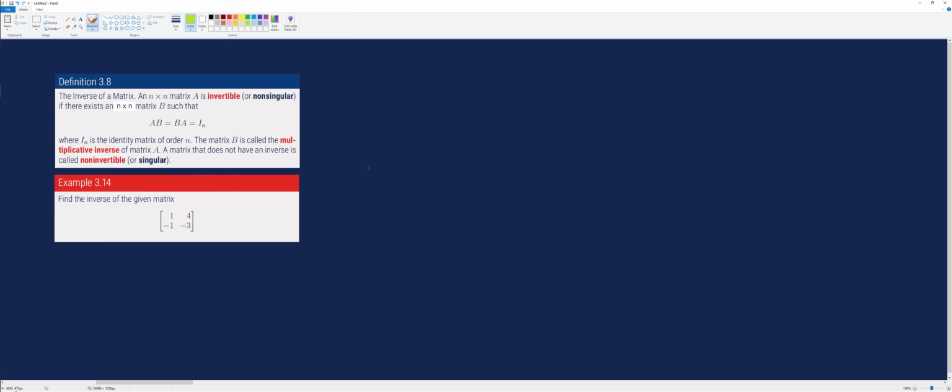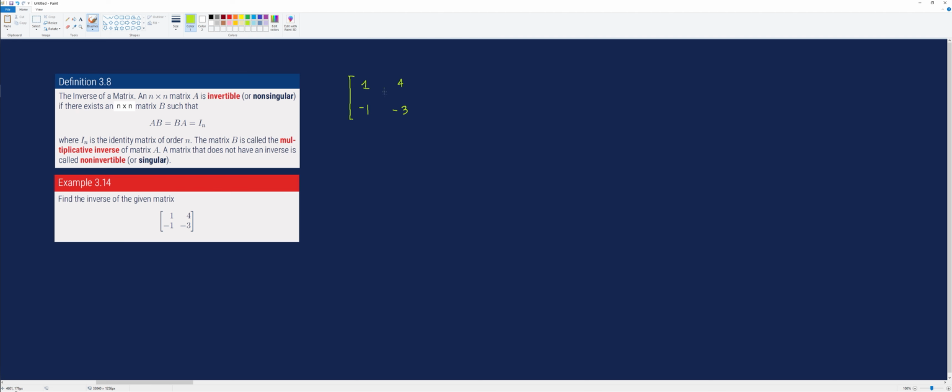Let's consider example 3.14. Find the inverse of the given matrix: 1, 4, negative 1, and negative 3. So the first thing that we will do is write the matrix. That is 1, 4, negative 1, and negative 3.